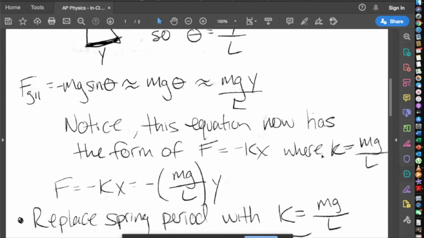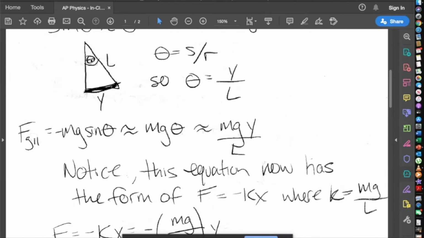But it all comes back to the restoring force and the way the angle and the height and the length are related. The basic idea is that the restoring force is inversely proportional to the length. And so when you increase the length of a pendulum, you actually decrease the restoring force, that component of the gravity that's acting parallel. And so that ultimately is why it takes a longer amount of time to swing back and forth.